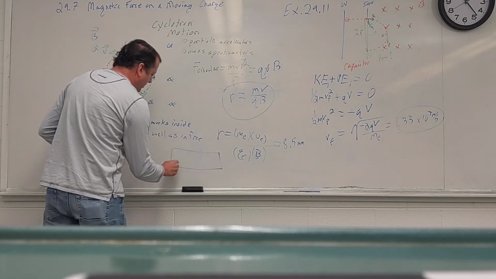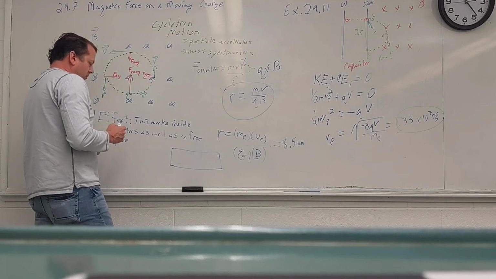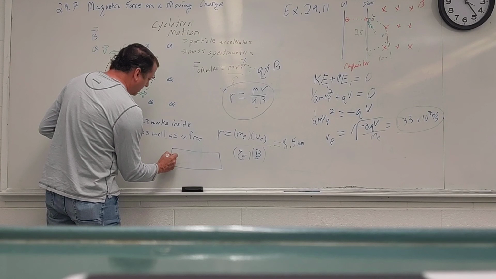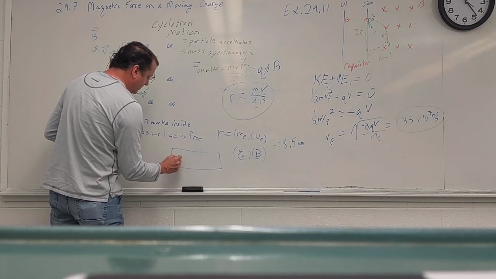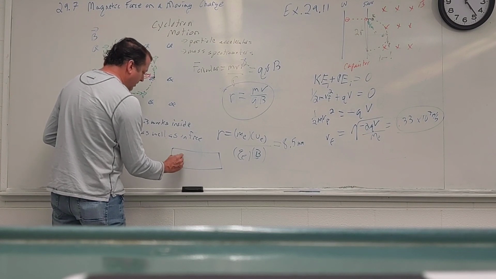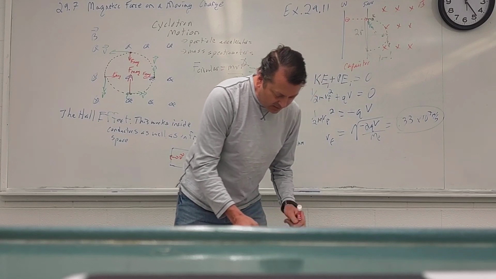Well, say you have a piece of material here, and you've got some electrons just going through here. This is some charge, and it's just moving in this direction. That's its velocity vector.